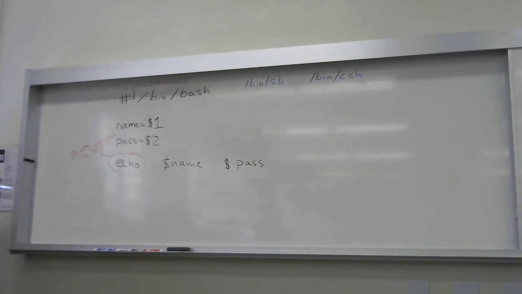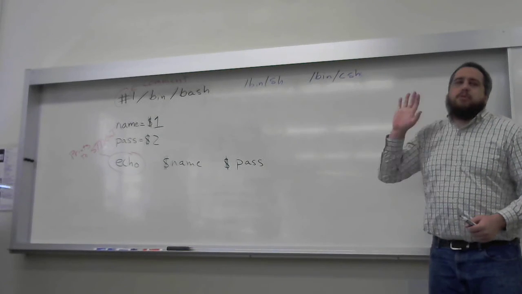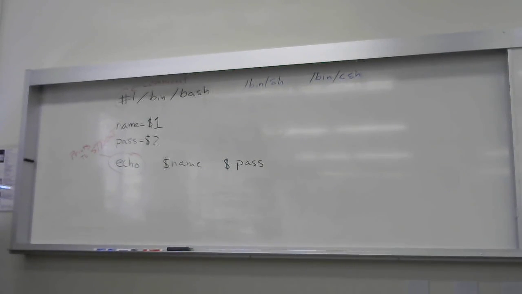So for example, before I write it, go ahead and take a sec, write a bash script that prints hello world. That's all it does. Take 10 seconds, write a bash script that prints hello world.